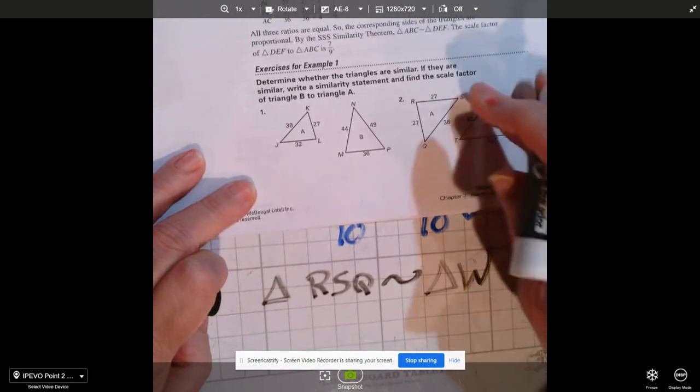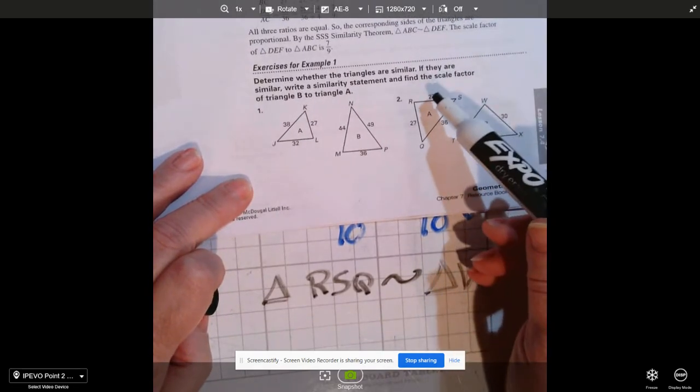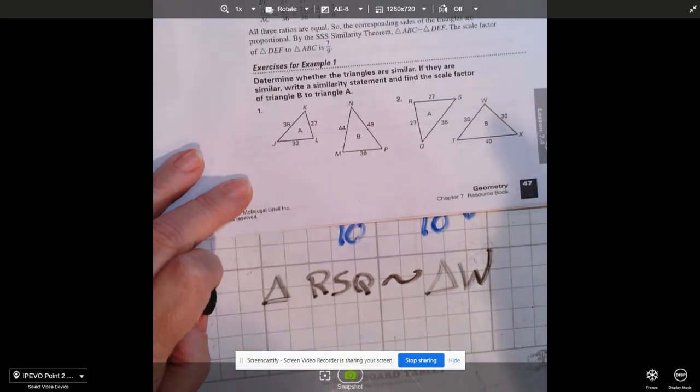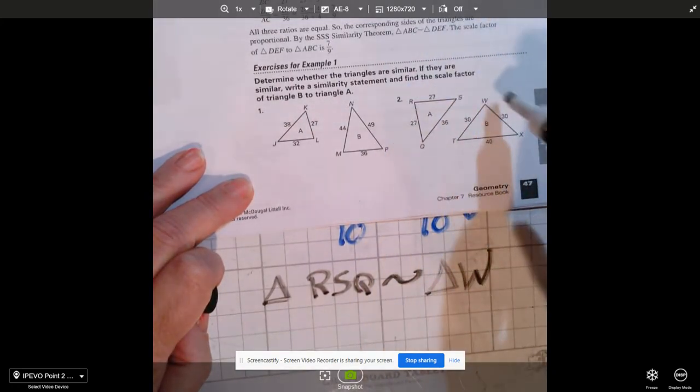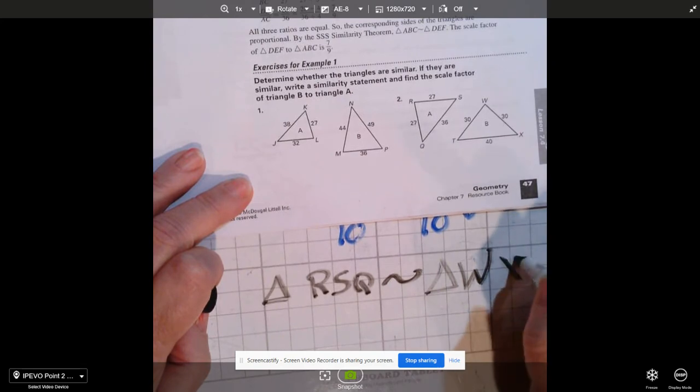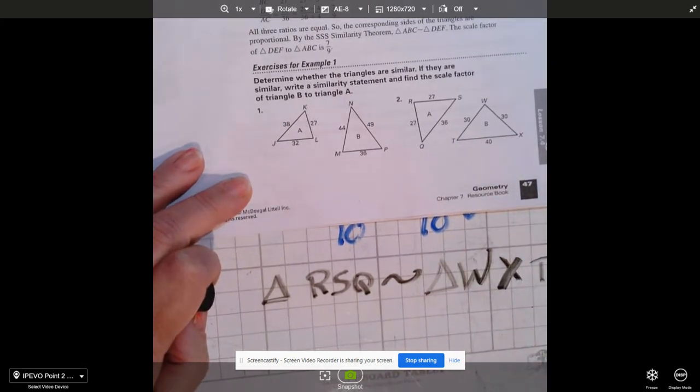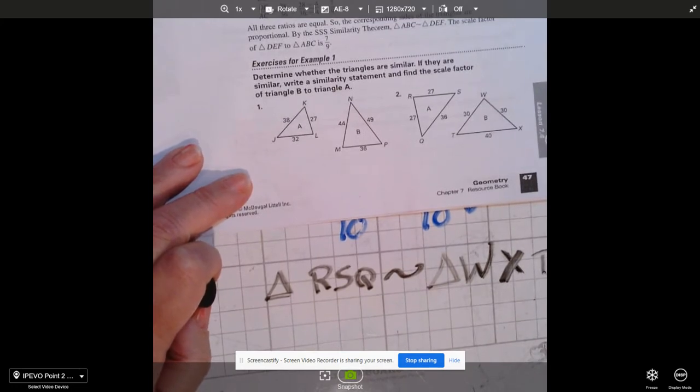And then angle S is between the smaller side and the bigger side. So if I went RS, I'm going to have to go WX. And then Q would correspond to T. So that is your similarity statement.